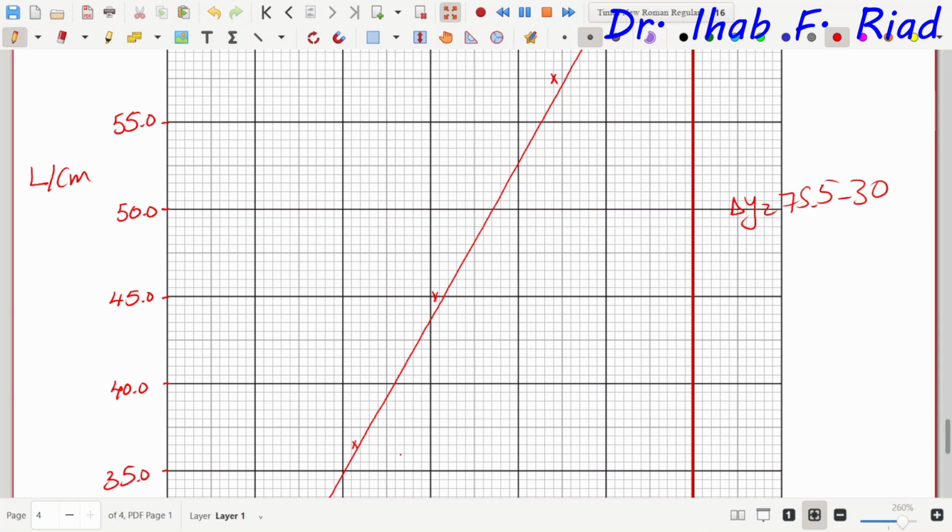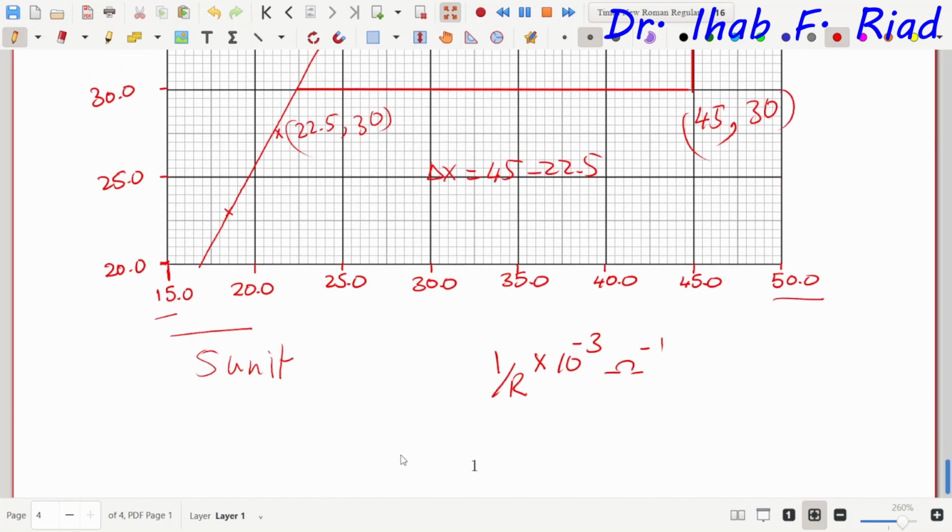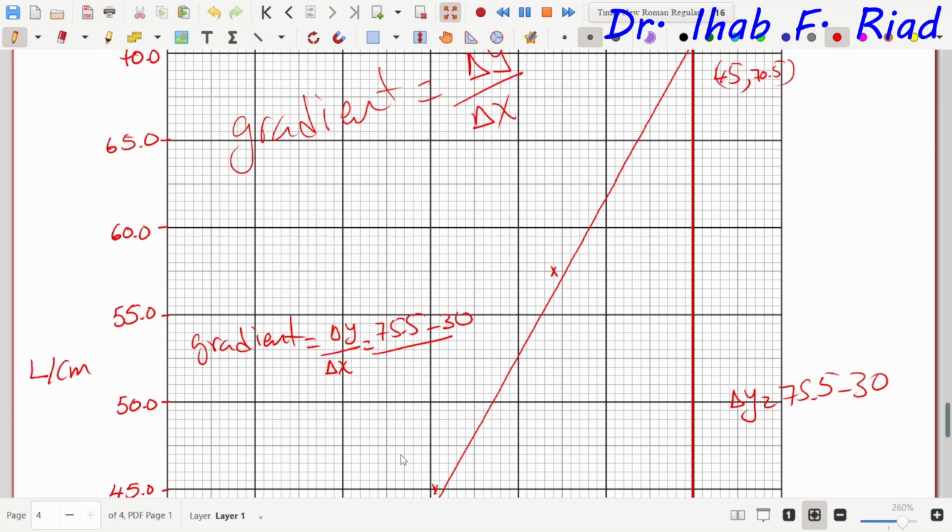This is going to be our gradient. Gradient is equal to delta y divided by delta x, which is equal to 75.5 minus 30 divided by 45 minus 22.5. So let us do the math.